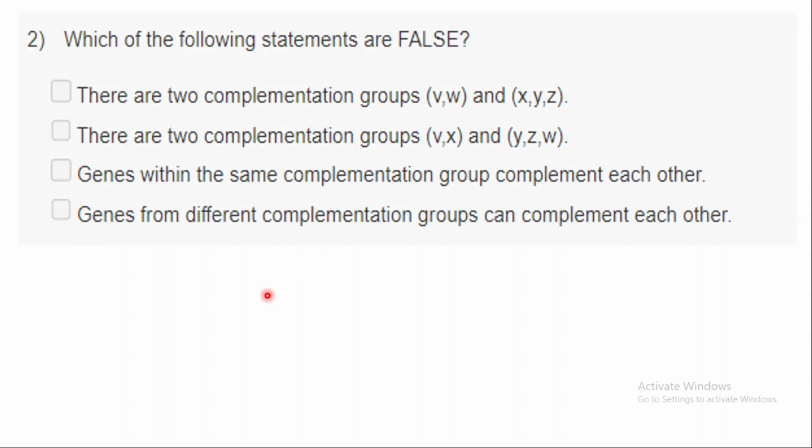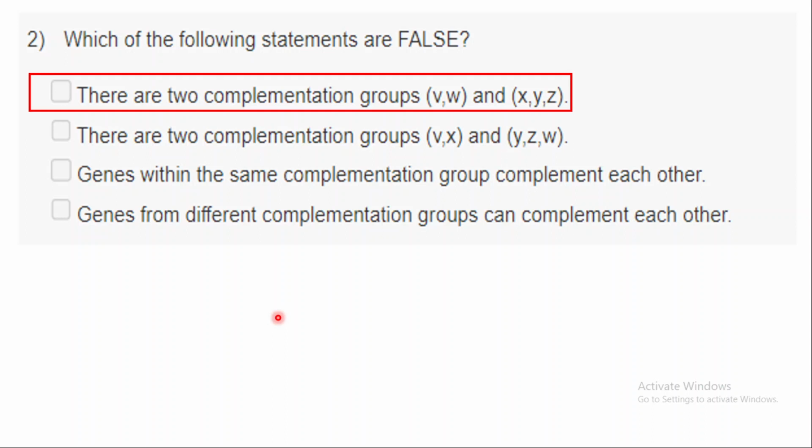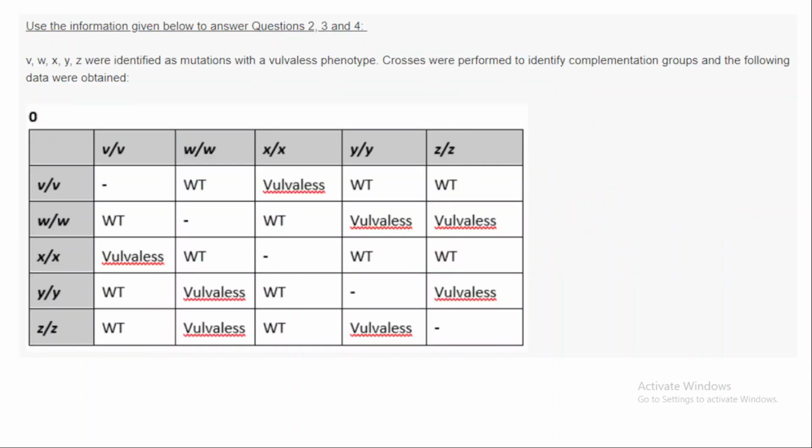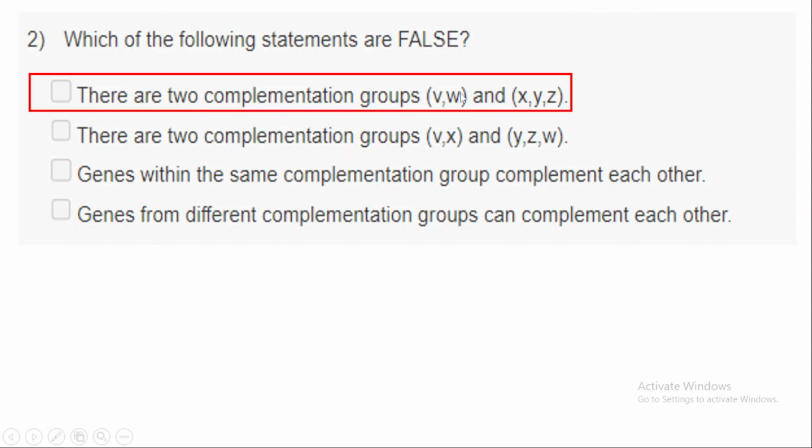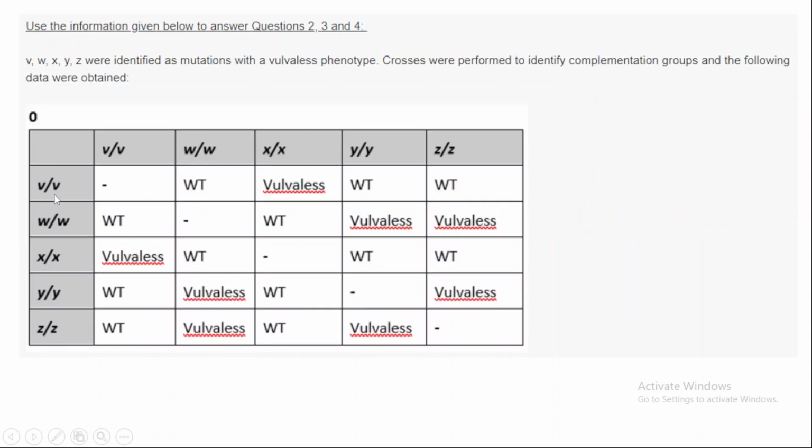Okay, let us check the correct answers. The first correct answer is statement 1. There are two complementation groups, VW and XYZ. Now let us see. This statement is false. The first answer is VW and XYZ.